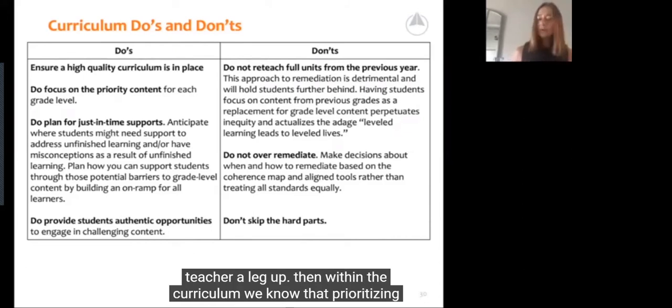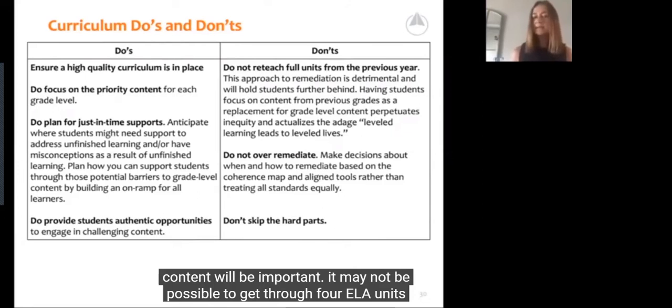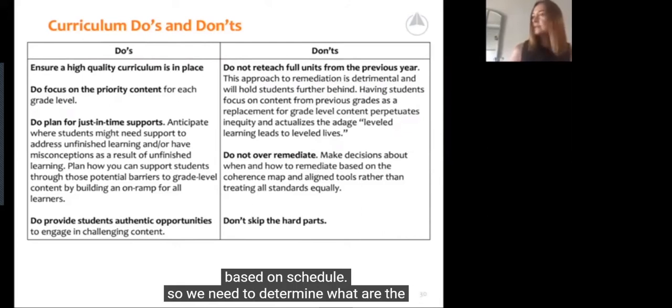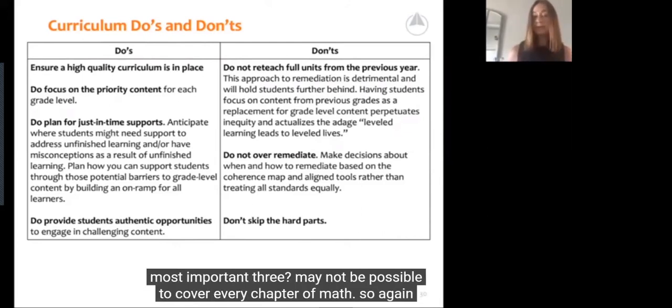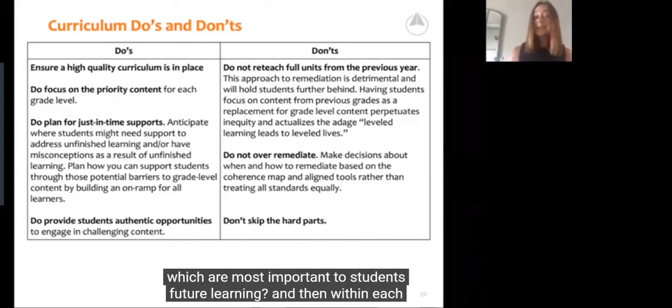Then within the curriculum, we know that prioritizing content will be important. It may not be possible to get through 4 ELA units based upon schedules. So we need to determine what are the most important 3. May not be possible to cover every chapter of math. So again, which are most important to students' future learning?